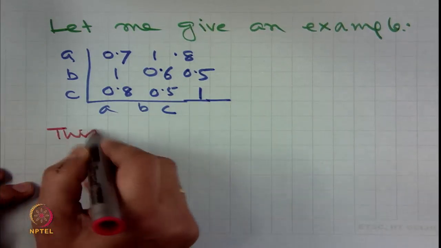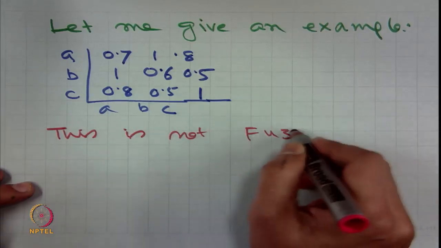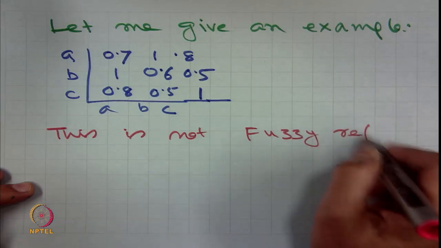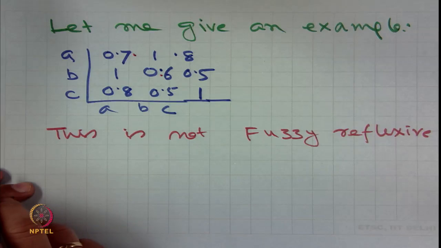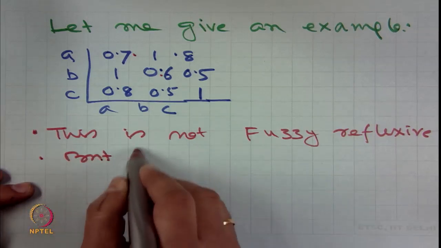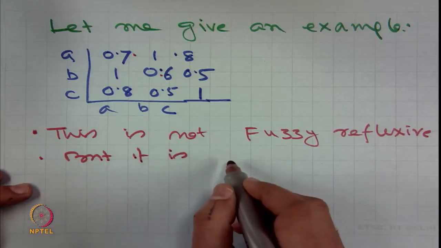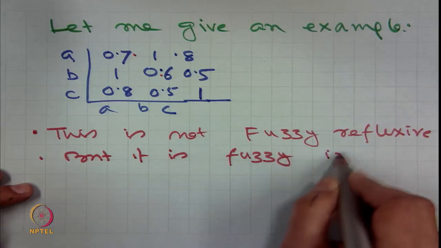This is not fuzzy reflexive because these diagonal elements are not 1, but it is fuzzy irreflexive.